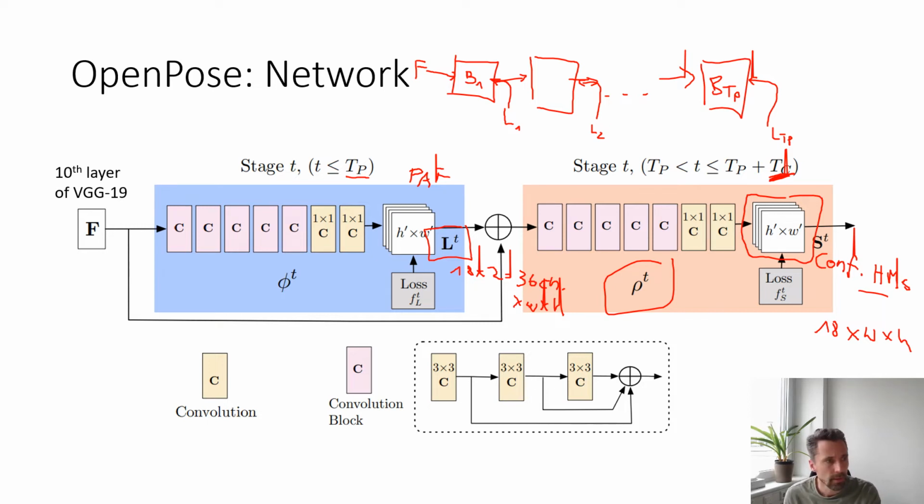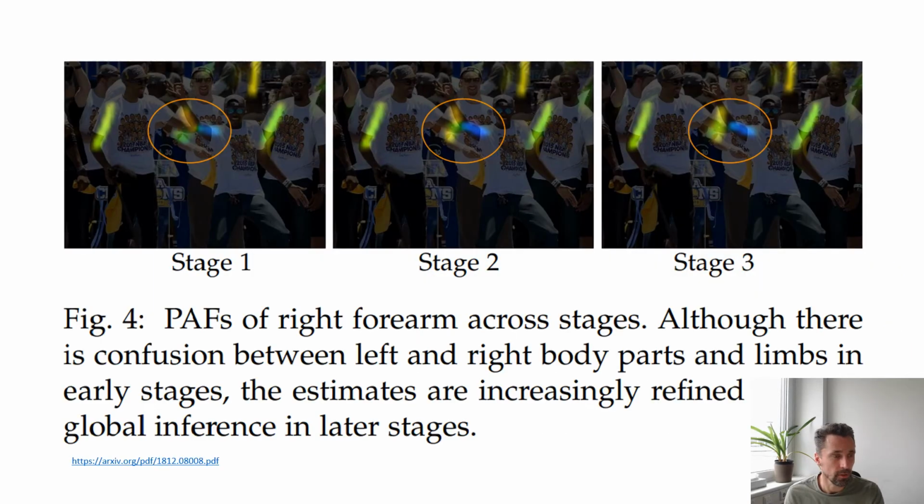All right, let's move on and have a look at why we have those different stages and how they make the results better. So let's have a look at these images. There are a couple of people in the background overlapping and obstructing, and in that area there are a couple of arms, and the output PAFs of each of these stages is depicted, right?